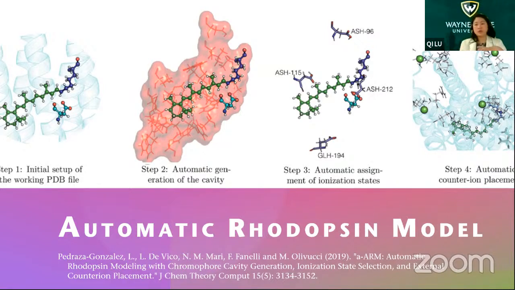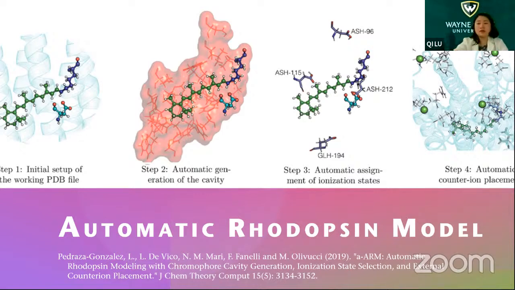Let's move on to the second part of today's lecture, where I'm going to introduce an automatic rhodopsin model. This automatic rhodopsin model is kind of like software that is based on already known X-ray crystallography experiment data. The structure analysis is based on 35 structures.